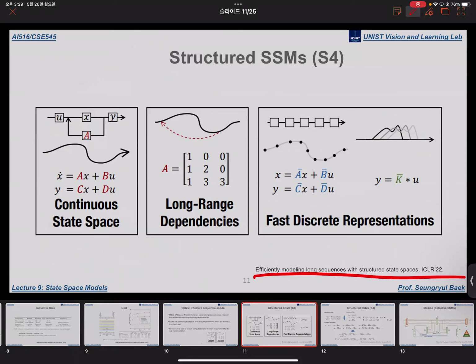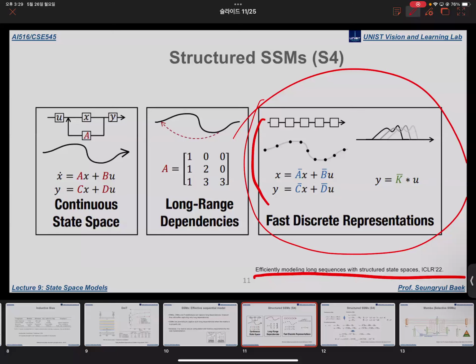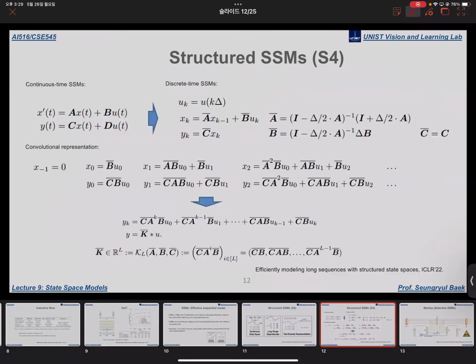But in ICLR 22, there was an architecture that can solve the complexity issue and make these things feasible to implement in hardware. Their algorithm is called the structured state space model. This is the continuous time SSM.